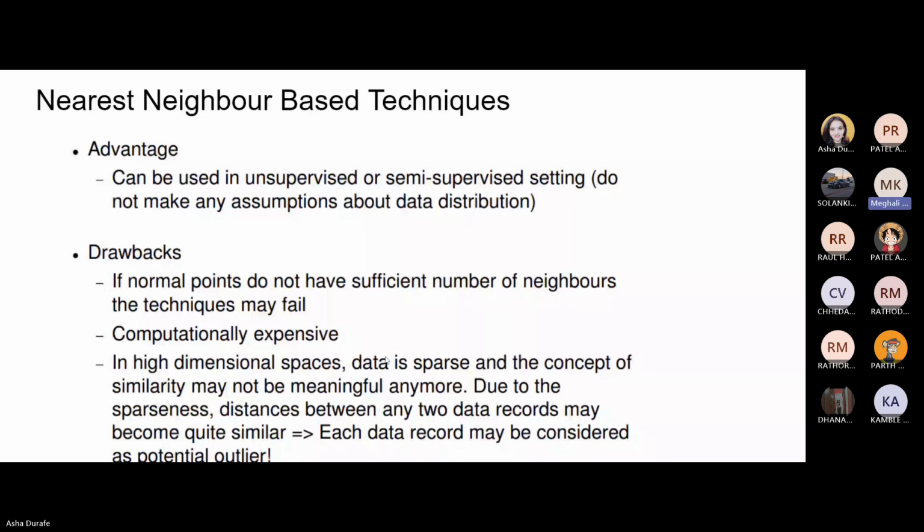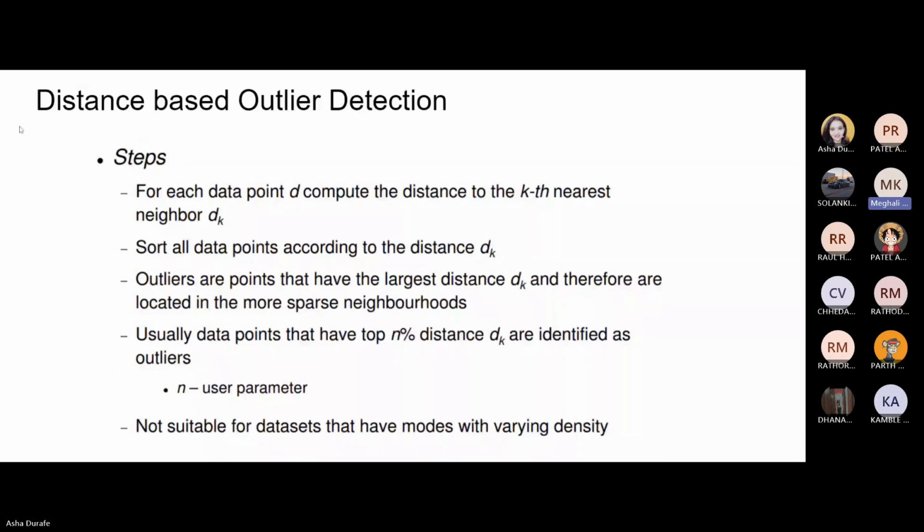Now, under the two techniques of nearest neighborhood, we have distance based. So in distance based, we will see what are the steps for implementation. First, for each data point D, you have to compute the distance to the kth nearest neighbor. Then sort all the data points according to the distance.